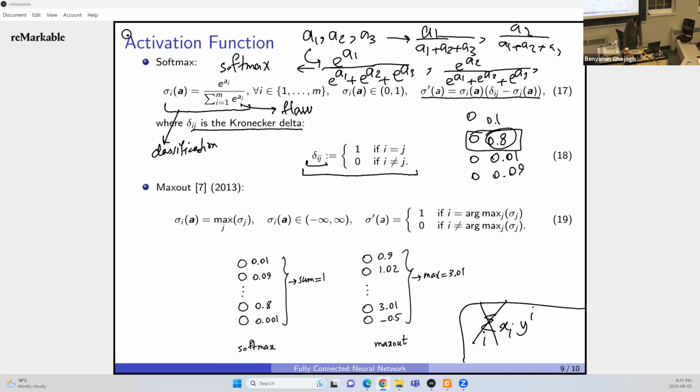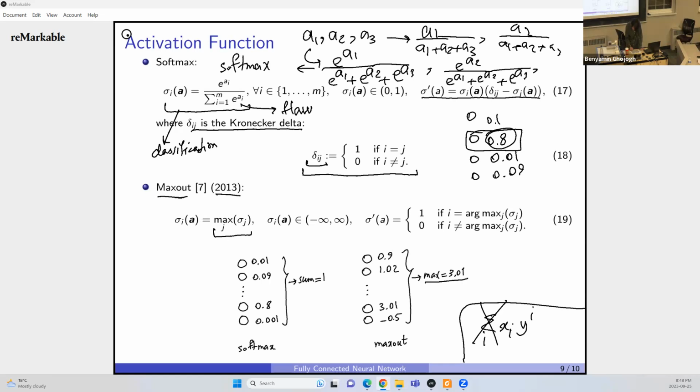The other activation function is maxout, proposed in 2013. I don't have a lot of knowledge about it, but basically whatever I know is this. It takes the maximum of the outputs of the neurons. So for example, each of the neurons outputs something, then you take the maximum of that.